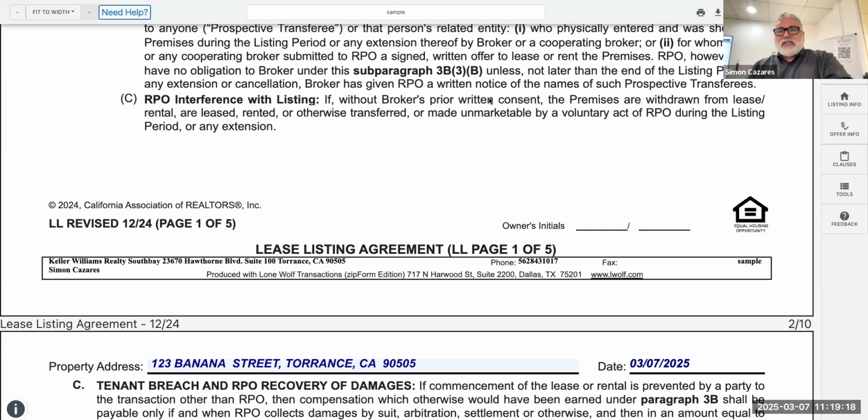So I'd rather have the landlord do all the legwork and make sure they're good to go, because they have to give us the green light and say, yes, I'm okay with letting Mr. and Mrs. Batman, as an example, rent the place because they've already done their due diligence regarding the screening, right?